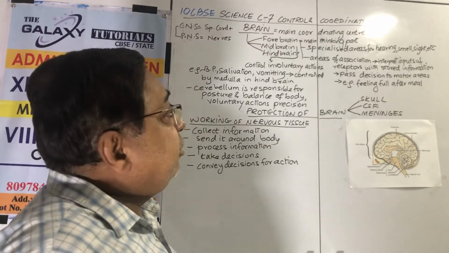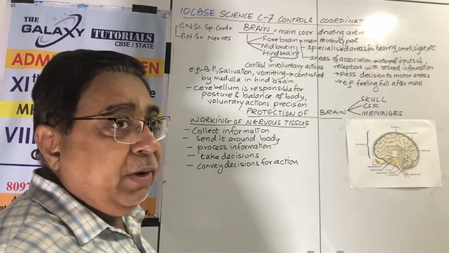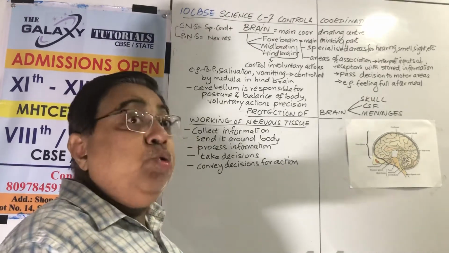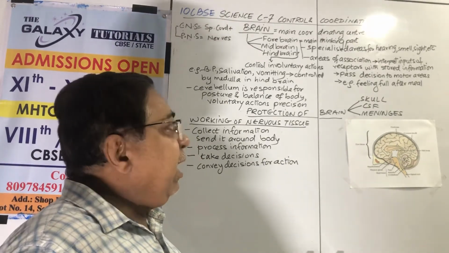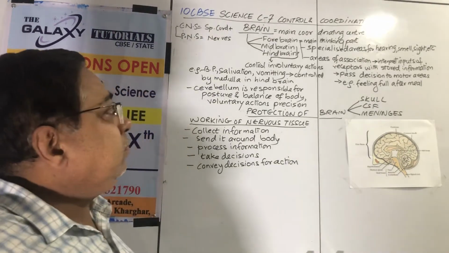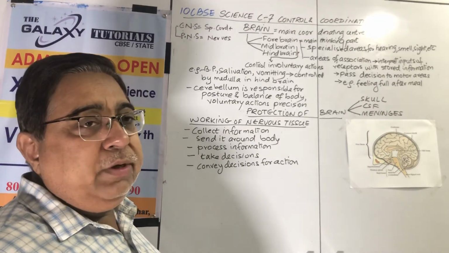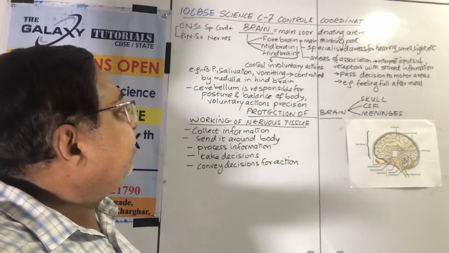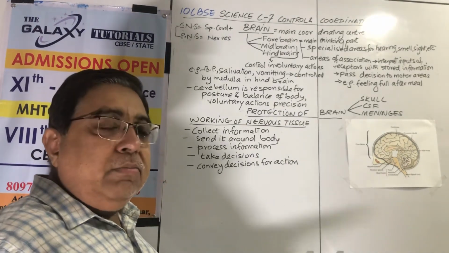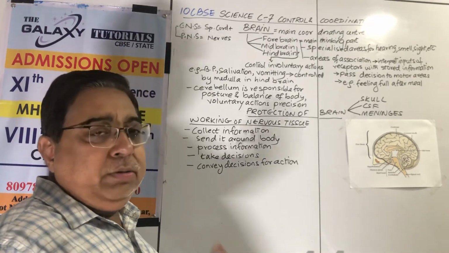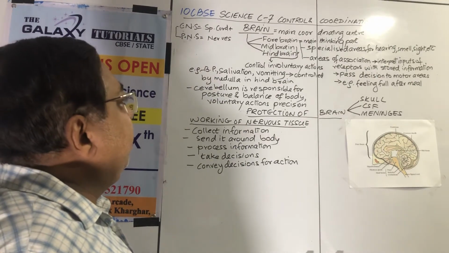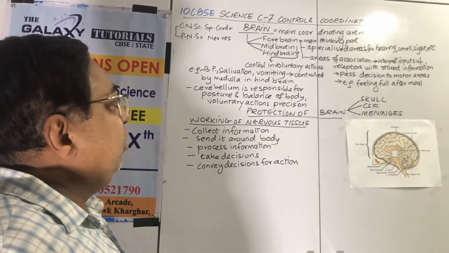And it matches the input with the stored information already present in your DNA, species-wise, and passes a decision, do this now, to the motor areas, and they go to the muscles or glands, and action is carried out. Example, as I told you, when you feel satiated, I stop eating. I don't stop eating because mama has not cooked good food. I stop eating because I don't feel that I should eat more. I'm satisfied.